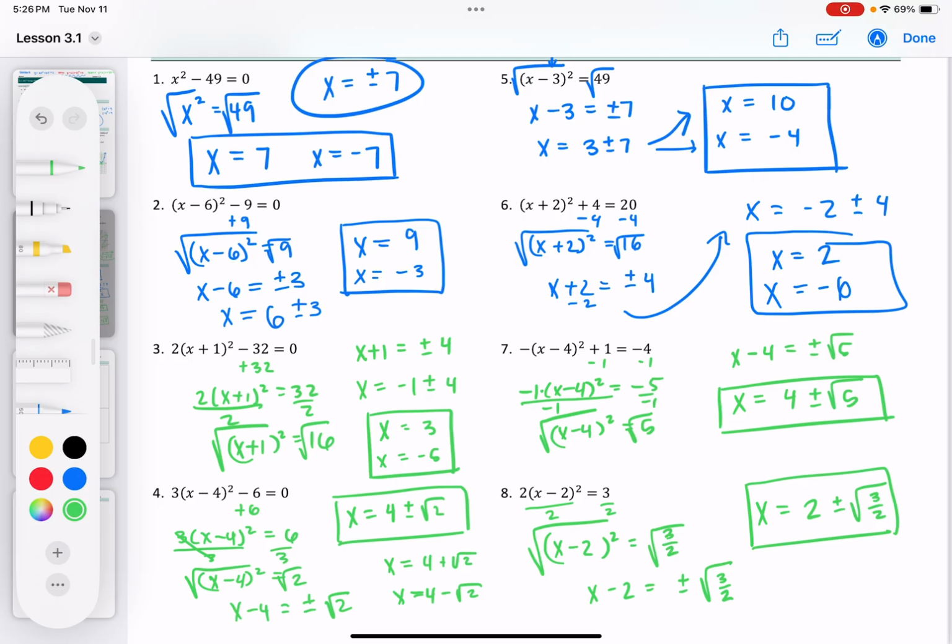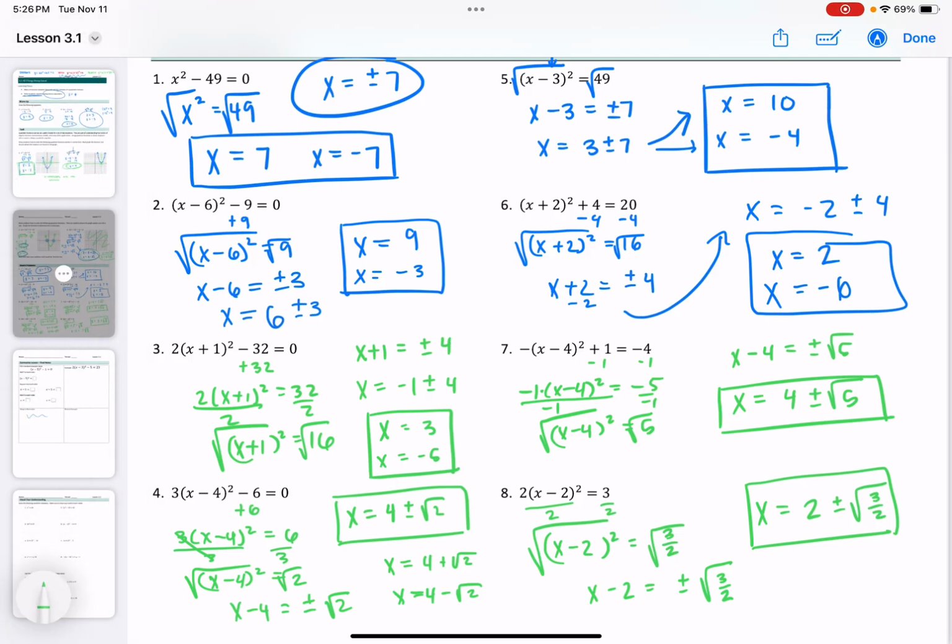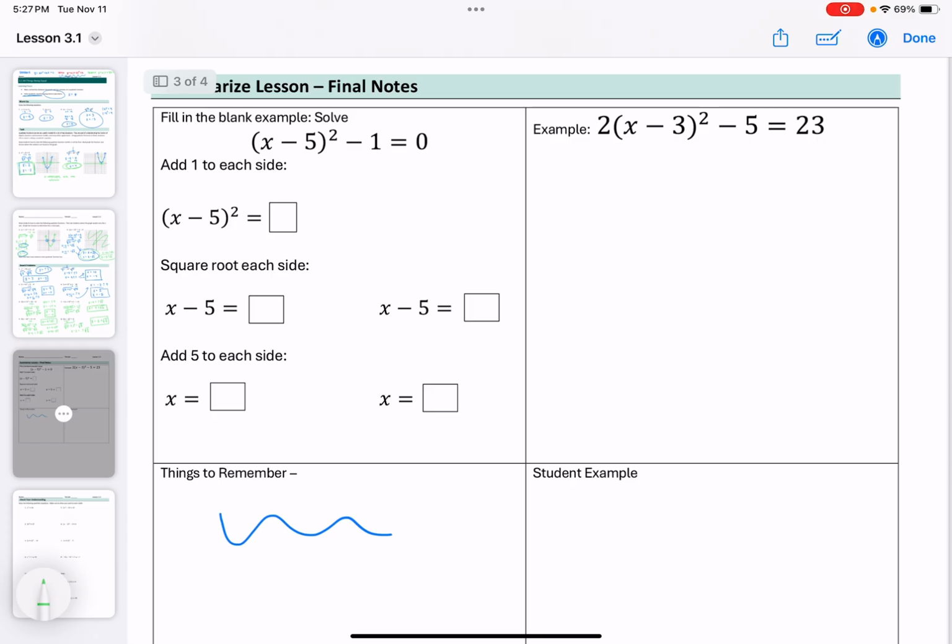That we are going to do today. The remainder of your time, you should get a 3.1 sheet from the sub now. Now you can work on summarizing your final notes with the person next to you.